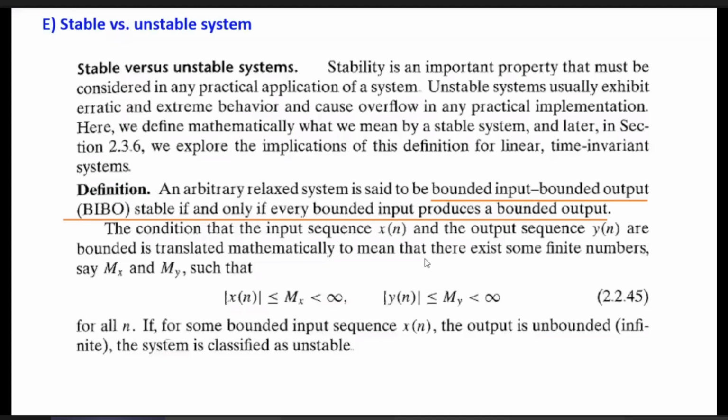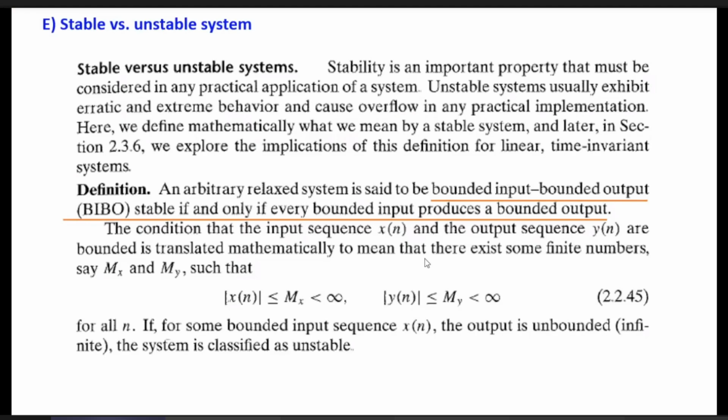Bounded input means small input, limited input. अगर इनपुट स्मॉल देते हैं तो आउटपुट भी लिमिटेड मिलना चाहिए, बाउंडेड होना चाहिए। और अगर इनपुट स्मॉल दे रहे हैं, आउटपुट अगर बहुत ज्यादा मिल जाएगा, अनबाउंडेड हो जाएगा, एक्सट्रीमली हाई और इनफाइनाइट हो जाएगा, then that system would not be called stable system.